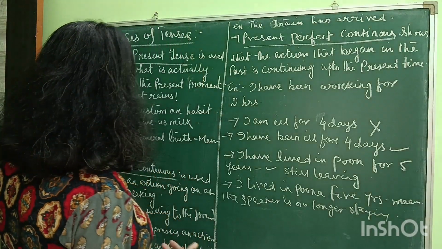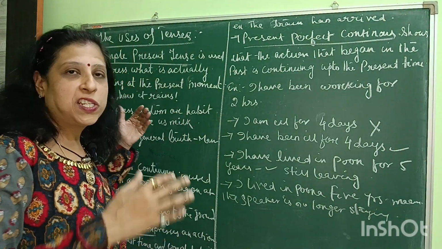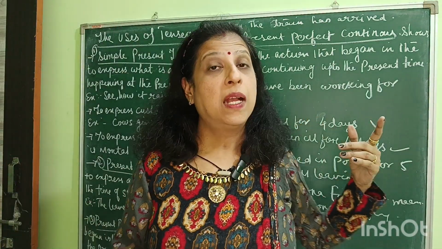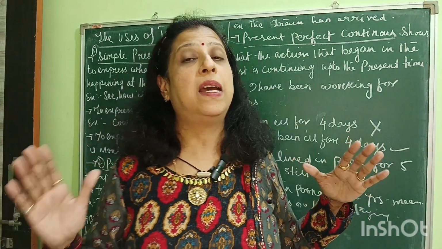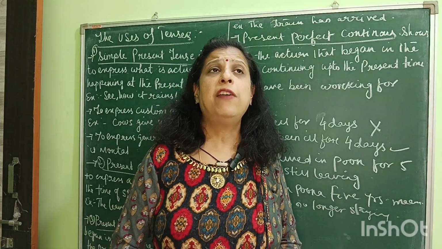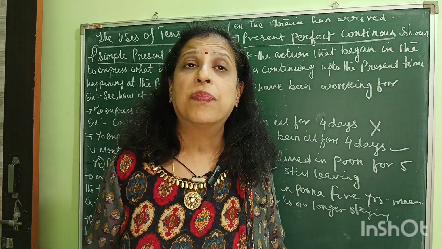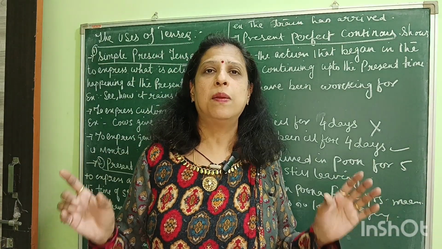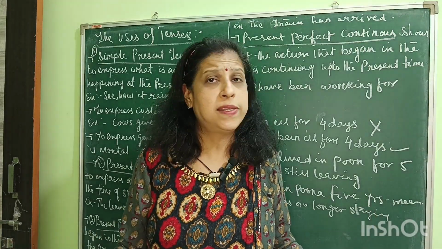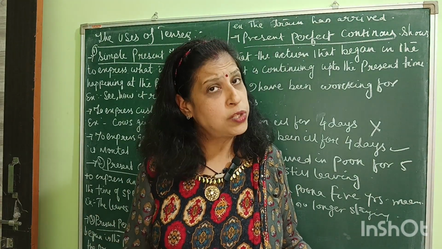Now, we can use simple present tense to express a custom or a habit. Custom, in other words, is called a habit. For example, if I say cow gives us milk. Yeah, it is true. You cannot say we get milk from buffalo and goat also.